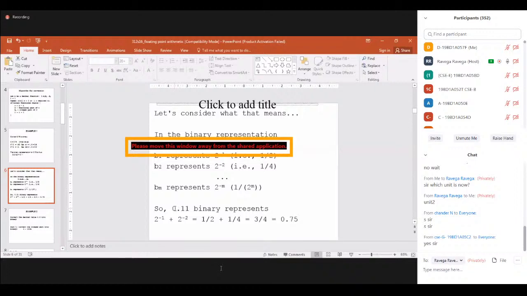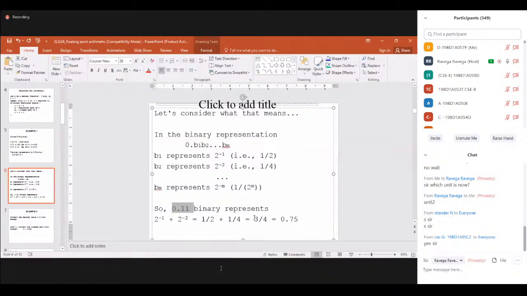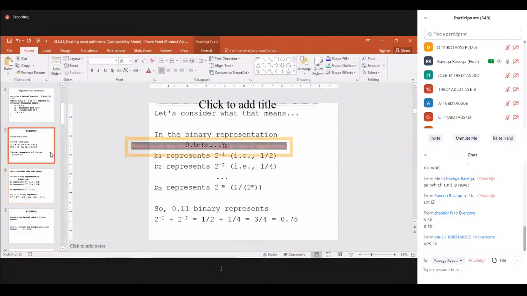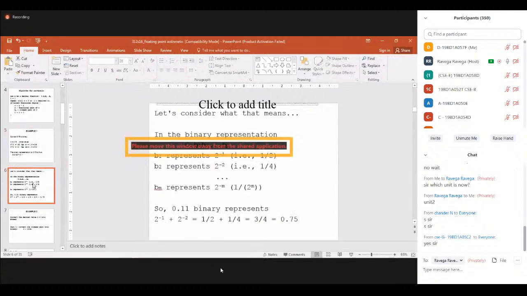So binary 0.11 is nothing but 2 to the power of -1 plus 2 to the power of -2, because it's after the point. 2 to the power of -1 is 1 by 2, and 2 to the power of -2 is 1 by 4. This gives you 3 by 4, that's nothing but 0.75. So you can easily confirm whether you're right or wrong here. Okay, hope it is clear now.